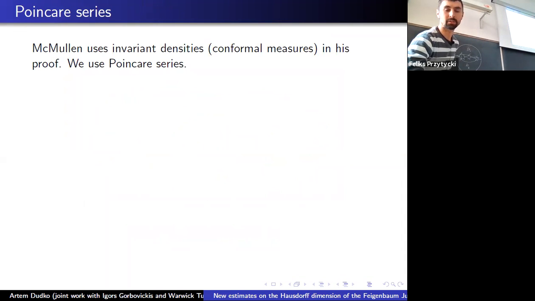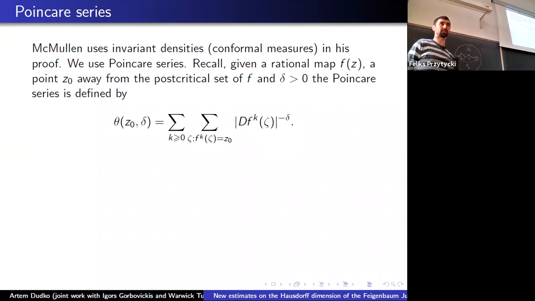Okay. So in his proof, Macmillan uses invariant densities. We use instead Poincare series to study the Feigenbaum case. So let me briefly recall what a Poincare series is. Given a rational map f and a point z0 away from the postcritical set of f, the Poincare series theta of z0, delta is equal to the sum over all inverse iterates of the derivative raised to the power minus delta.